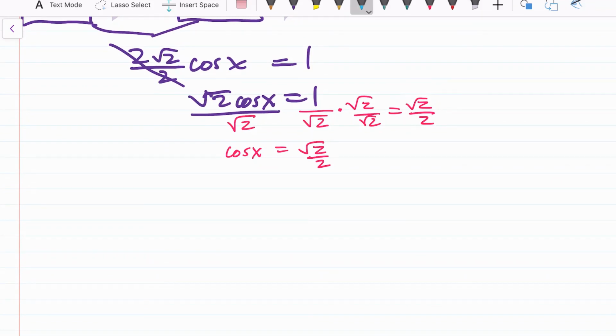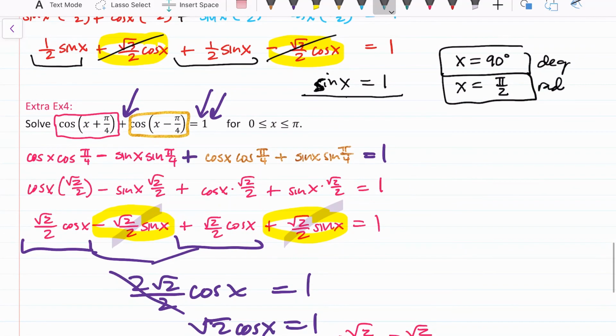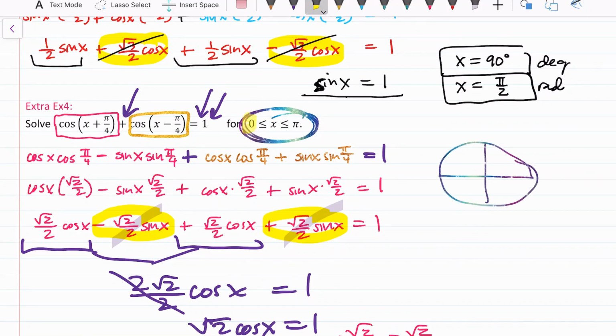And then you need to figure out at which angles cosine x is equal to radical 2 over 2. There are two places where cosine x is equal to radical 2 over 2: at 45 degrees and at 315 degrees, which is the same thing as pi over 4 and 7 pi over 4 for x. Now, if you went back to the beginning, they tell us that x is an answer from 0 to pi.